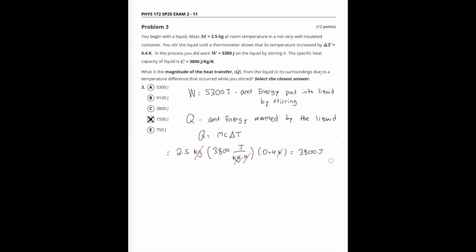Now this is not the answer for our magnitude of heat transfer. Our magnitude of heat transfer, Q, is going to be the amount of energy that has left the liquid as heat.